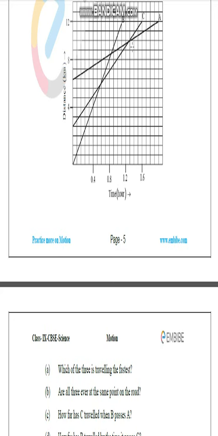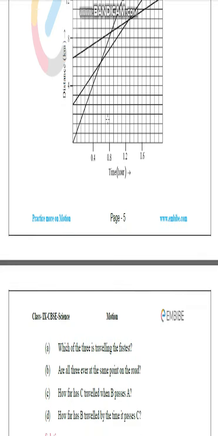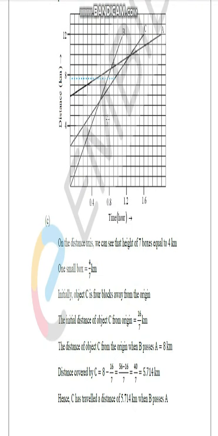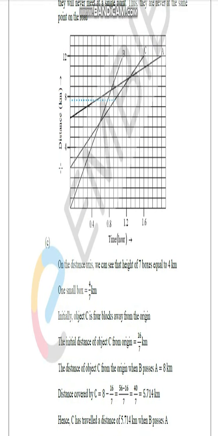Now the third part. How far has C traveled when B passes A? See this figure, how far is it at the point where the intersection happens. From the graph, object B meets object A at a distance of about 8.5 kilometers.